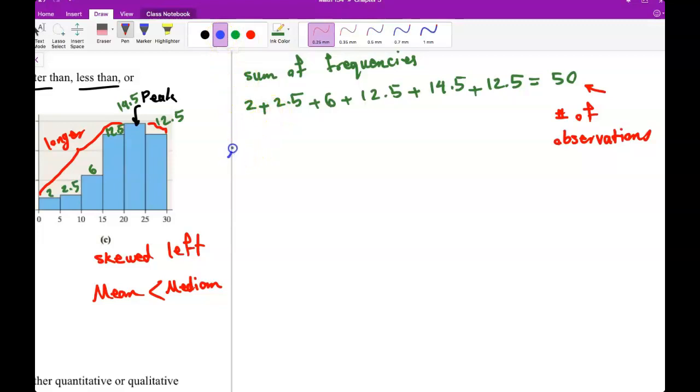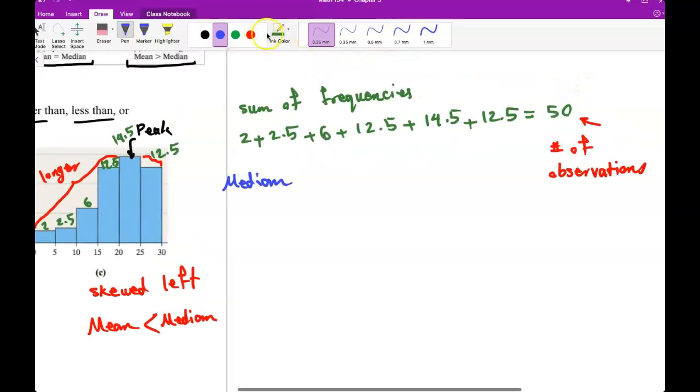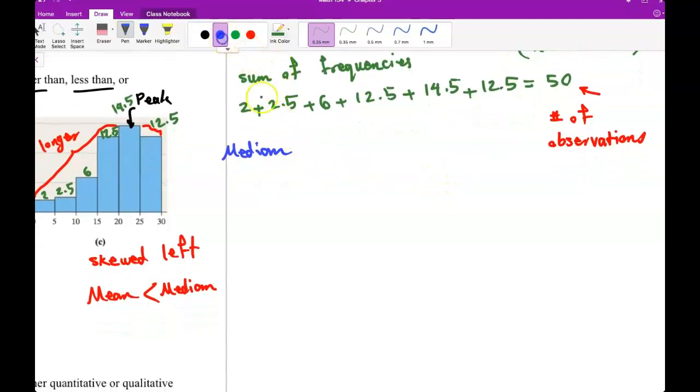Now finding the median. The number of observations, n, is equal to 50, and that is even. To find the median position, where it is located, it's n divided by 2.